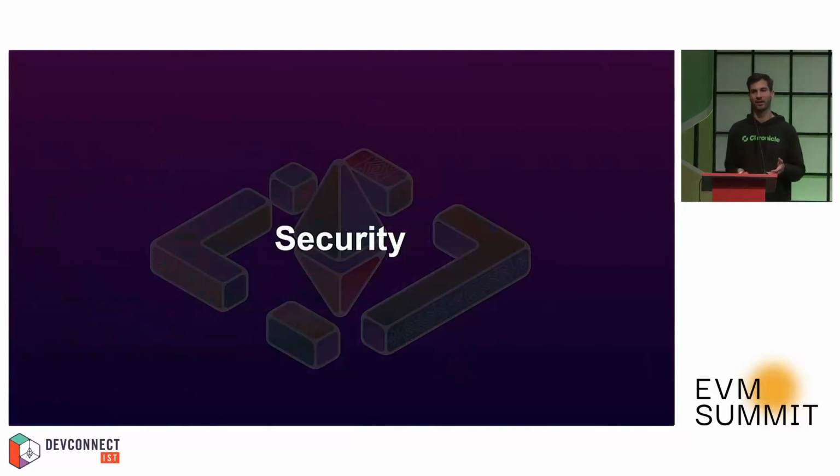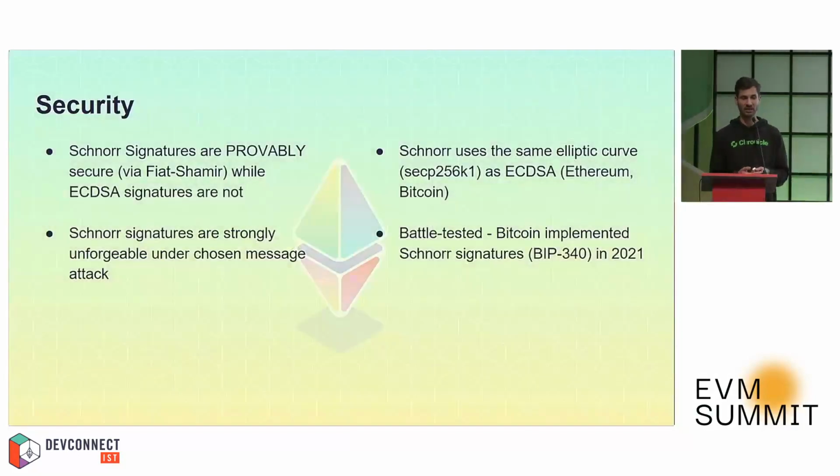And then, I think this one is quite important: let's talk about security. ECDSA signatures are not provably secure. They are reasonably secure in a practical sense, but Schnorr signatures are different. Schnorr signatures have been proven to be secure.